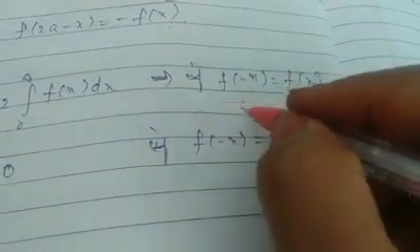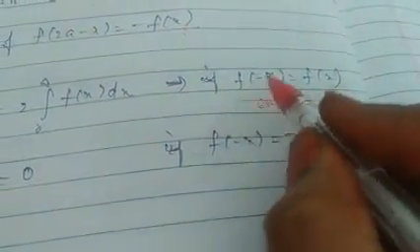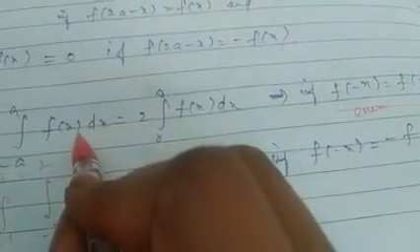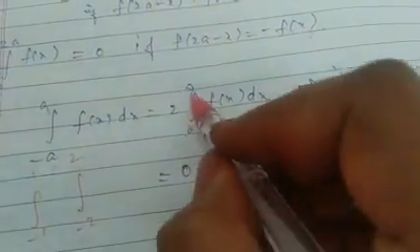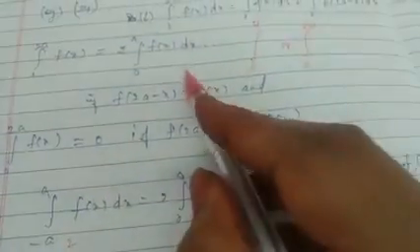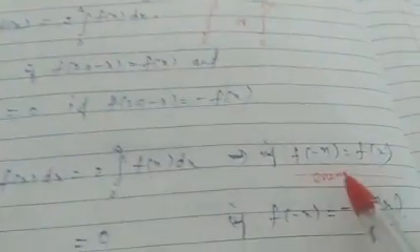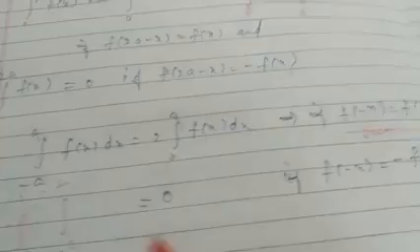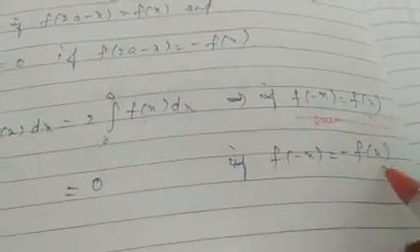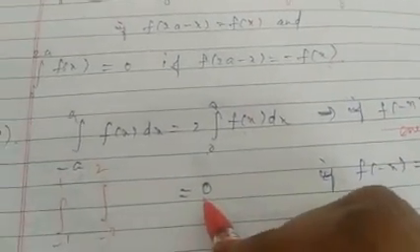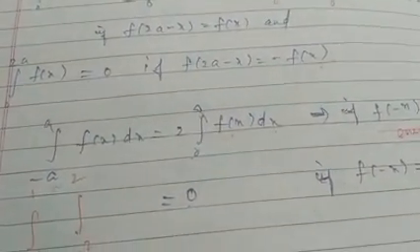This is the condition for an even function: if in the place of x you substitute minus x and you get the same f of x, then the integral is changed to 2 times 0 to a f of x dx. This is called an even function if it is from minus a to a. And if f of minus x is equal to minus f of x, the integral value becomes 0. This also you need to keep in mind.